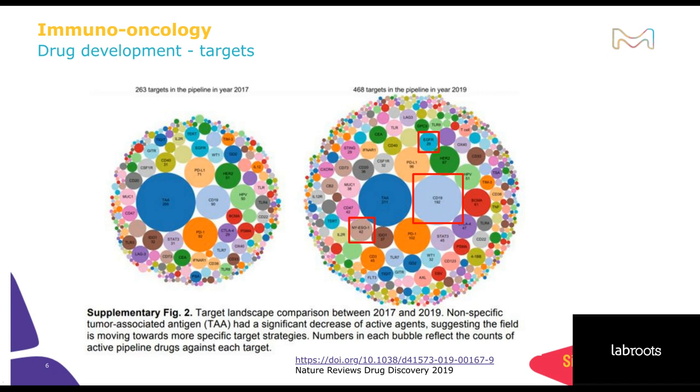In addition to that, the size of each of these bubbles is directly related to how many potential drugs are targeting each of these targets. Boxed in red on the right are 3 such targets, including CD19, EGFR, and NY-ESO-1, which are 3 of the targets that we decided to pursue for some of our off-the-shelf cell lines that could potentially be used for early drug discovery as well as preclinical testing.